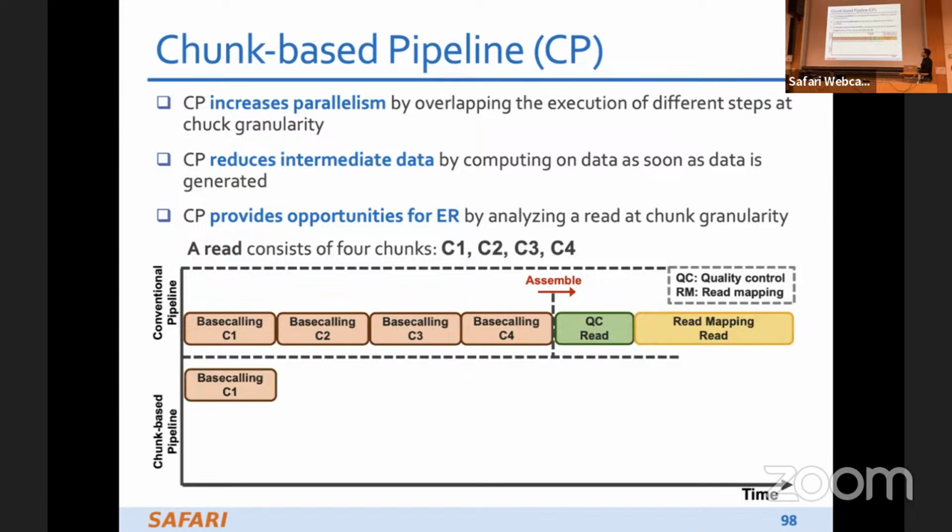step-by-step process. What we do instead is we still base call the chunk of data, because this is what base callers take. Then, as soon as we generate this data, we can start our computation, right? So we can overlap the latency, because we can let the second step of base calling also run, but in the meantime, we can also do the quality checking and read mapping for the amount of information that we generated so far.